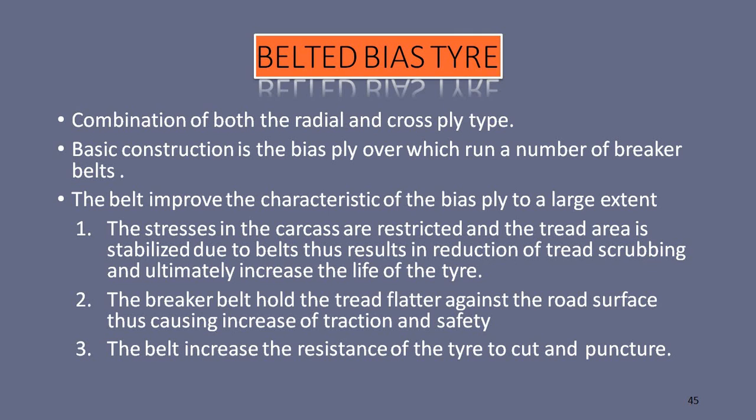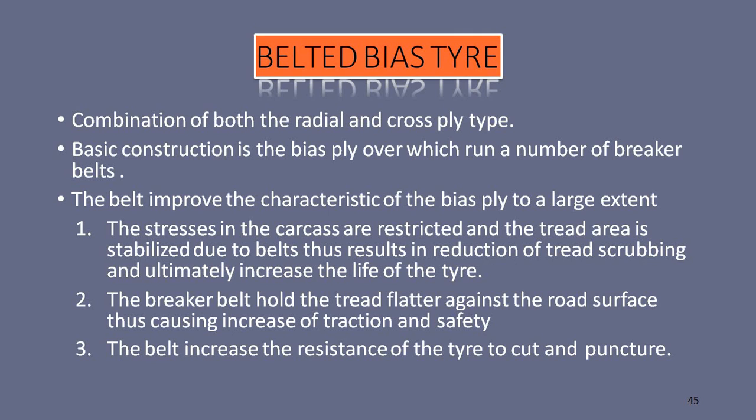The stresses in the carcass are restricted and the tread area is stabilized due to the belts, which results in reduction of tread scrubbing and ultimately increases the life of the tire.